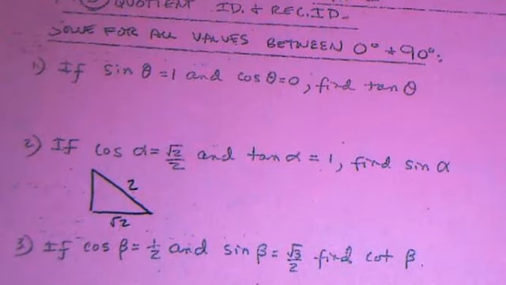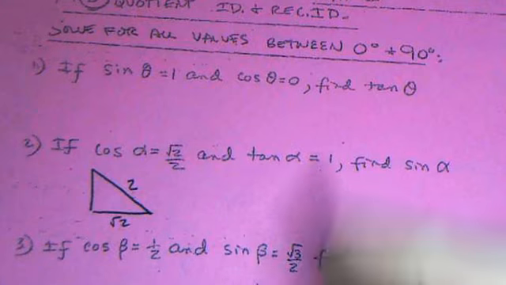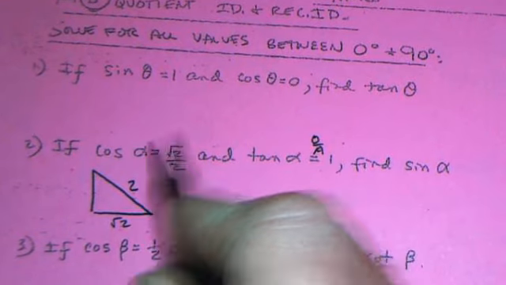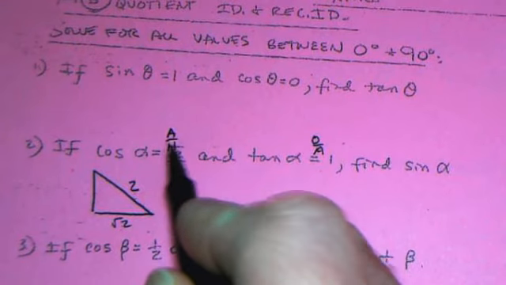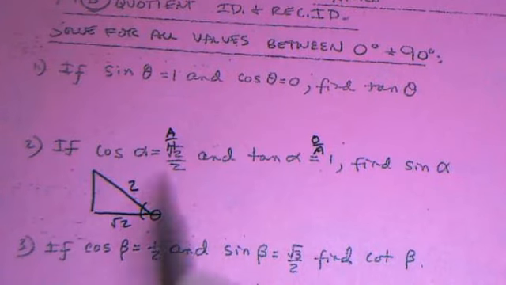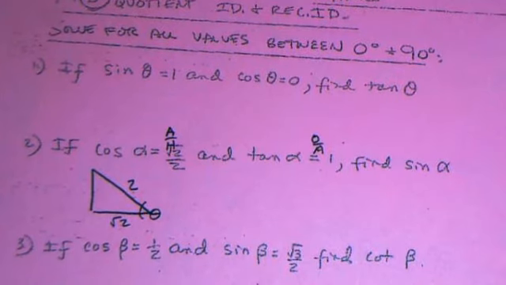Now it tells us that the tangent is 1. Tangent is opposite over adjacent, so we've got O over A. Using this angle, we've got adjacent over hypotenuse for cosine, and tangent is opposite over adjacent, which comes out to be 1.